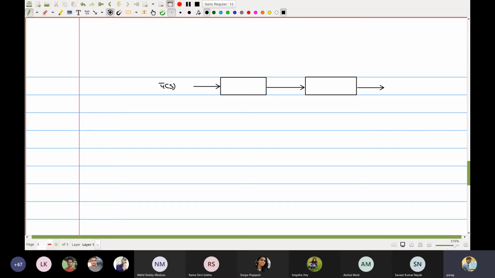We are using the notations in the transformed domain, and you will have G1 of S, and the output of the first one acts as the input to the second one. So I may write here Y1 of S, and this will become G2 of S, and Y2 is your ultimate output, right?